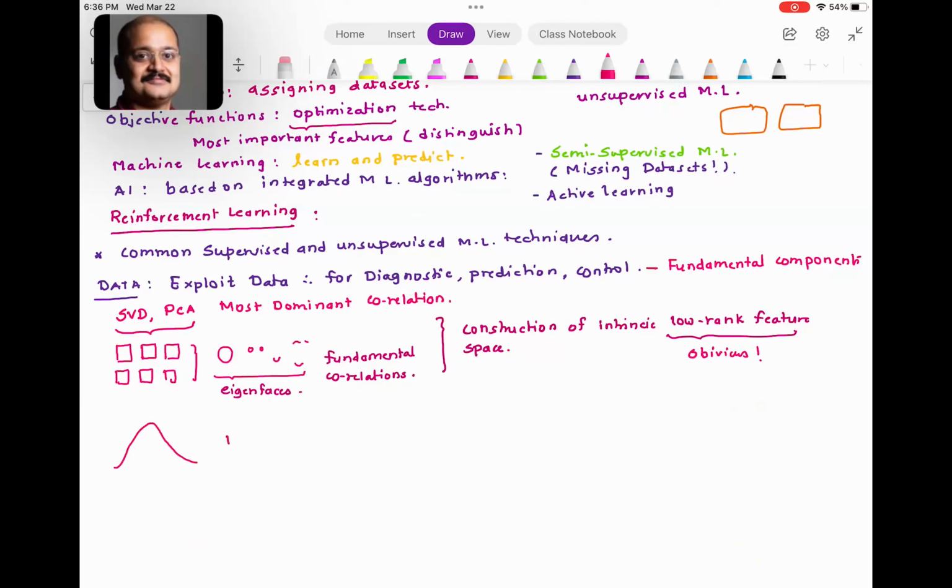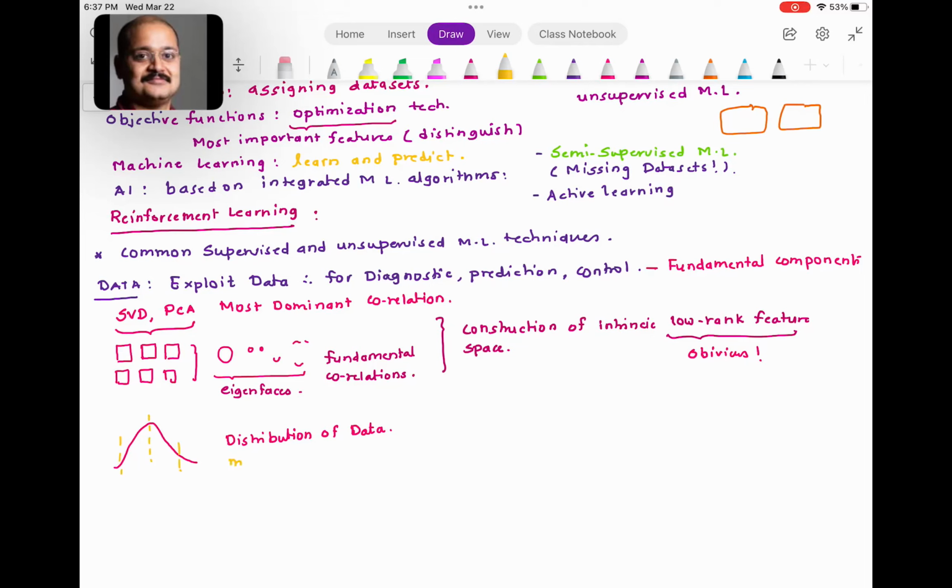So this is typically the distribution of data. If you have data that is distributed, you will notice you have some mean and variance. Mean talks about the central tendency, and variance talks about the spread.